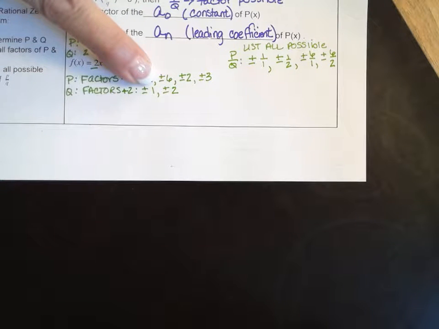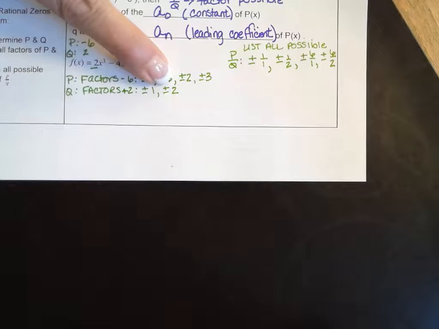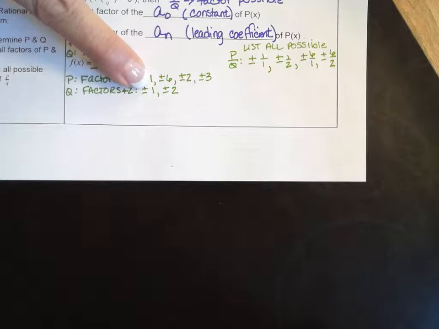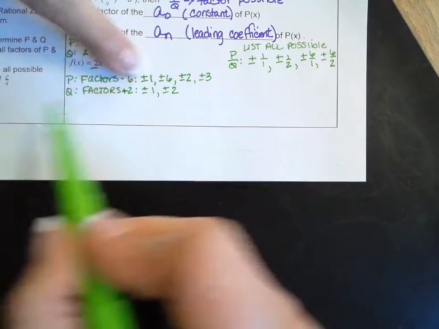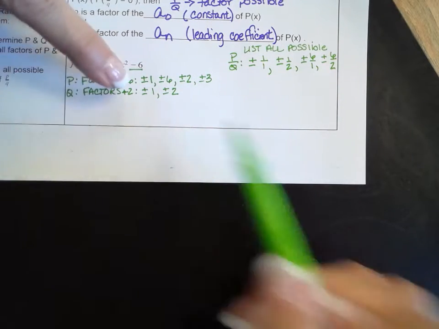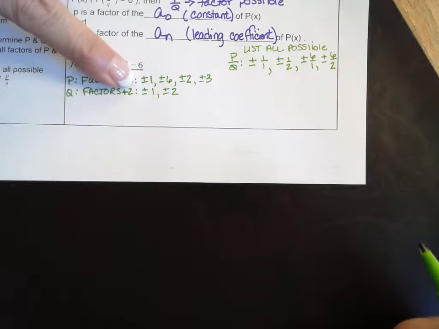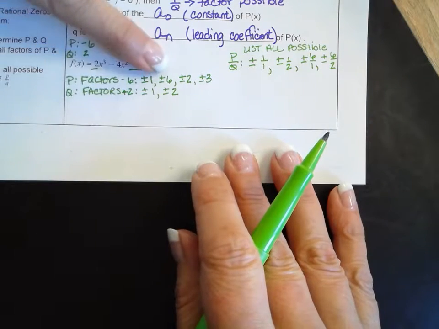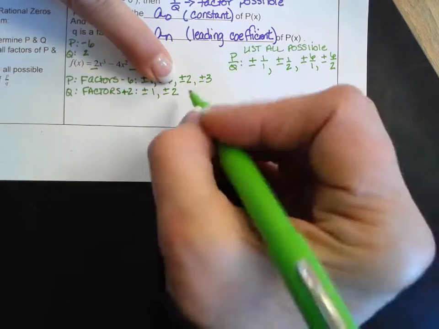Everybody with me on this? Because these are all my P's and those are the Q's, and so I'm making P over Q. You with me? All right, now let's move to 2.